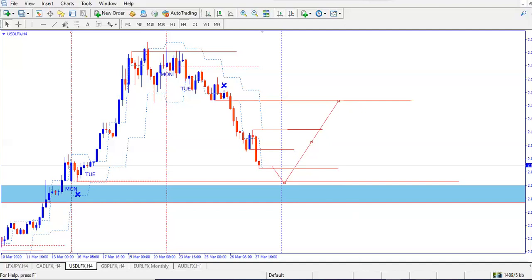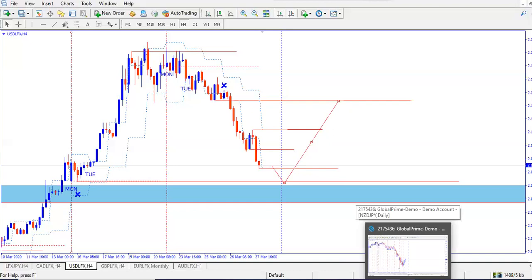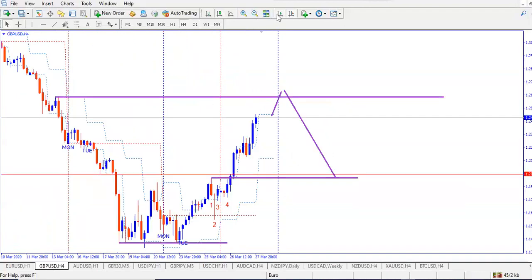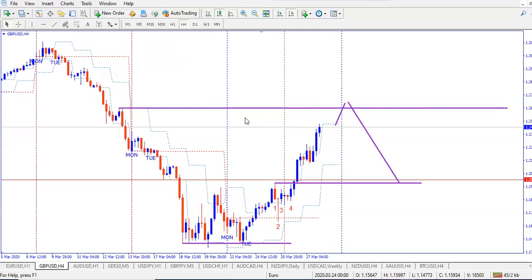Moving on to the pairs. On the pound, because I anticipate the dollar to go down then up, this is what I expect.